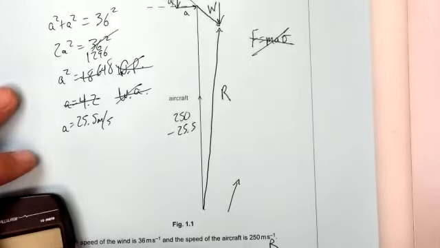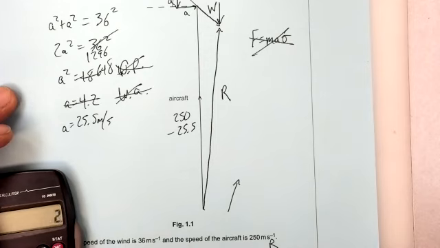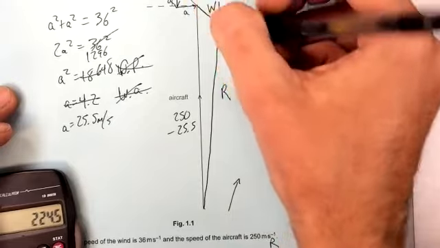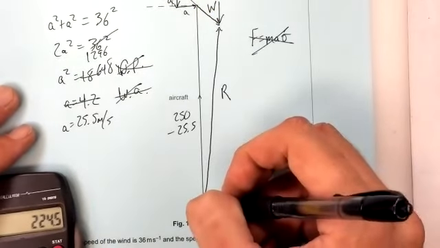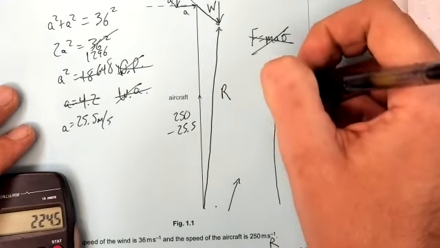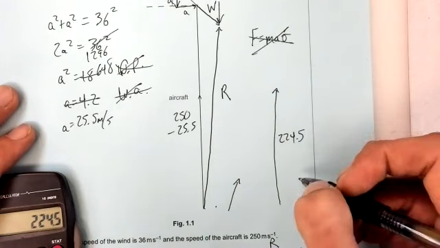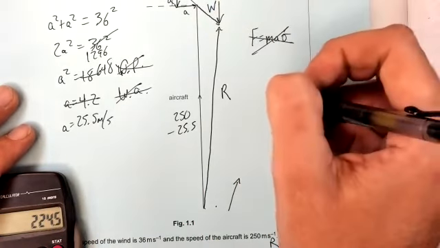So I've got my 250 meter per second aircraft velocity minus my 25.5 meter per second south component of the wind vector, yielding a total northerly component of 224.5.